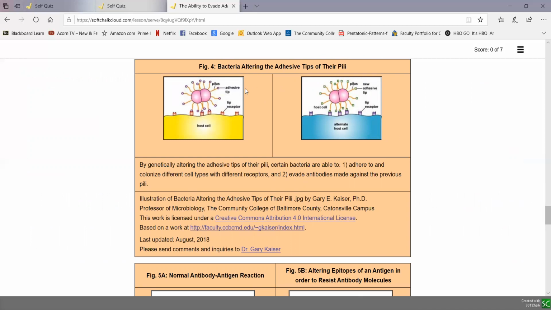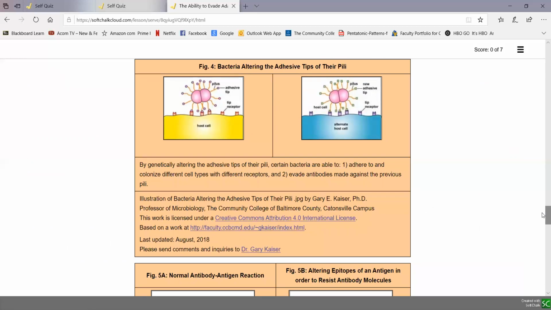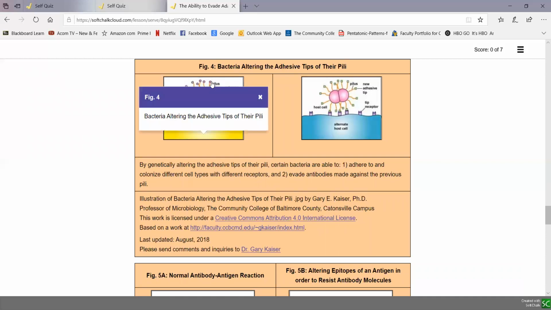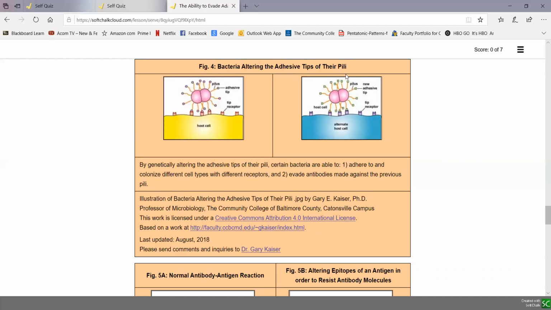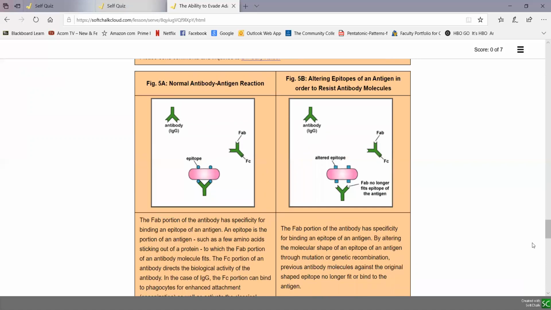Well, if we make antibodies that fit this adhesive tip, that will then stop this particular strain from binding to this receptor. But by making a different shaped adhesive tip, the antibodies that fit this adhesive tip on the left wouldn't fit the one on the right. And so now we'd have to recognize that new adhesive tip, make new antibodies against that. And that's kind of illustrated with the adhesins down here in figures 5A and 5B.